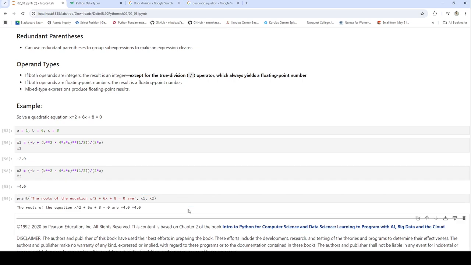So if I do this now, I see the roots of the quadratic equation are -4 and -2.